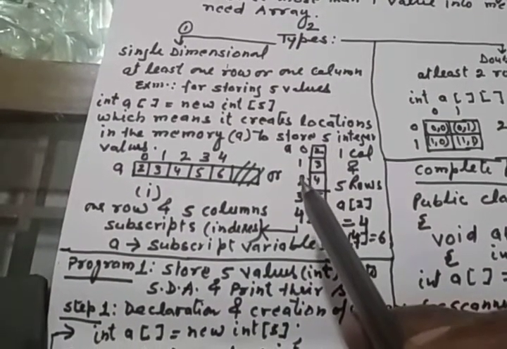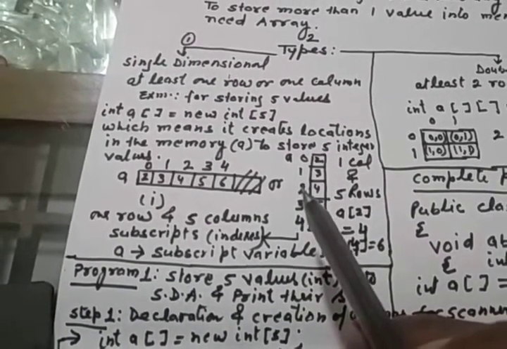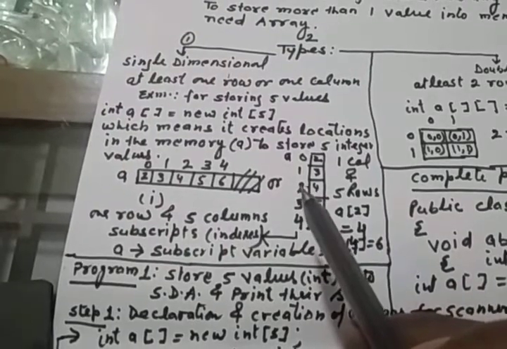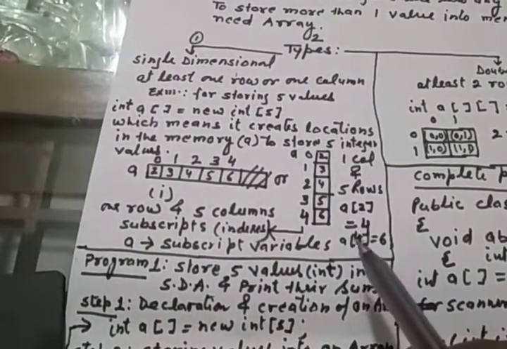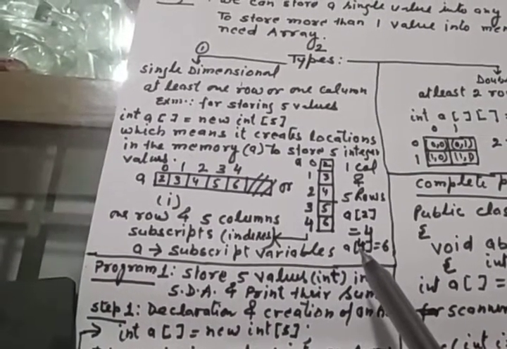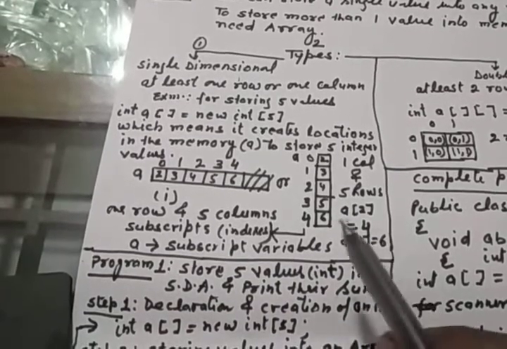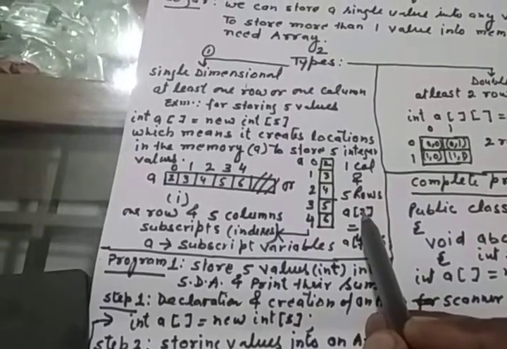A[2] means in array A at index or location 2, which value is stored? There is 4. If you write A[4], meaning in array A at the 4th index, which value is stored? 6 is stored. Okay. So this A is known as a memory variable, and this location, look here, 2, is known as a subscript.